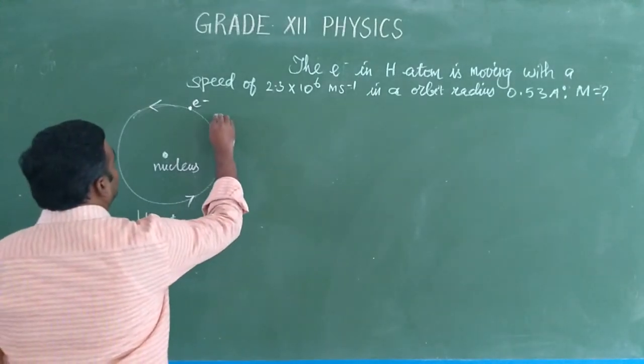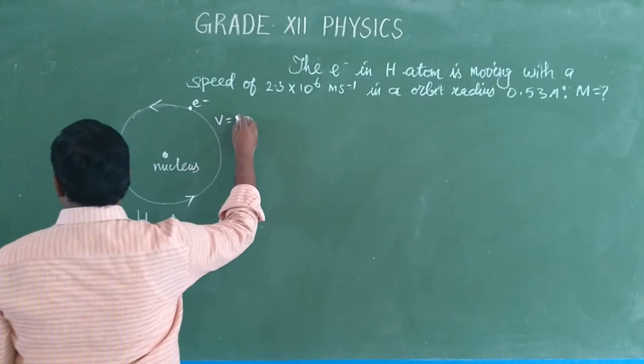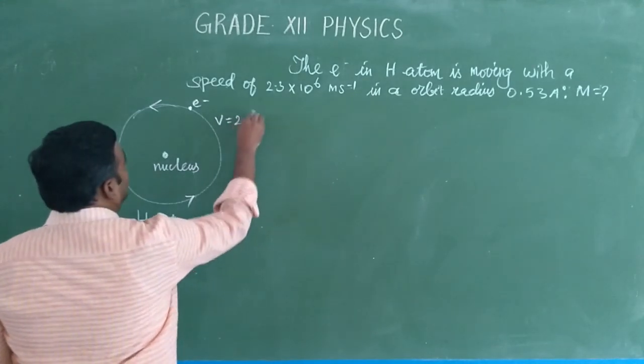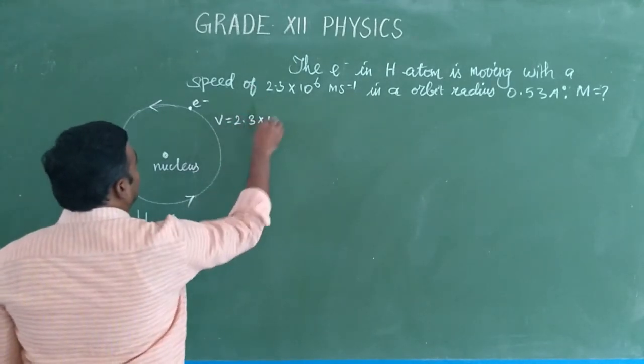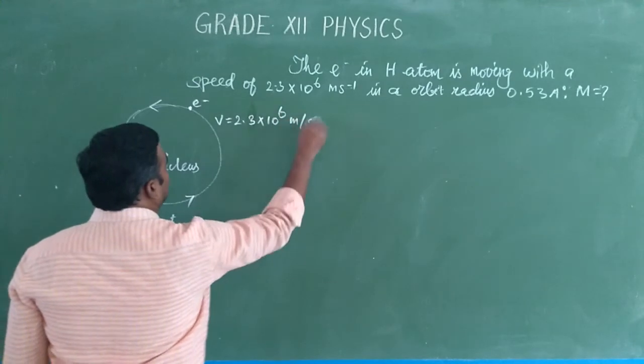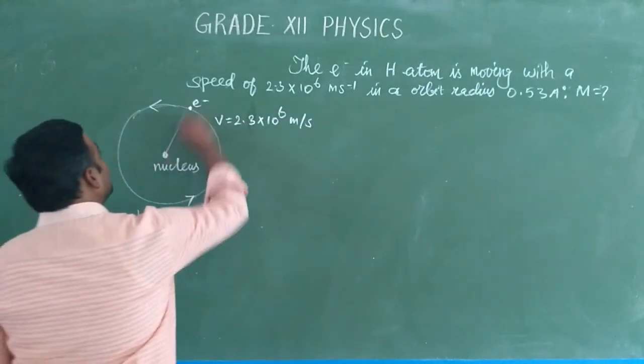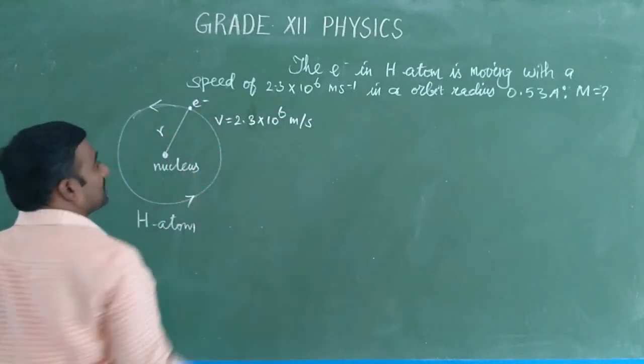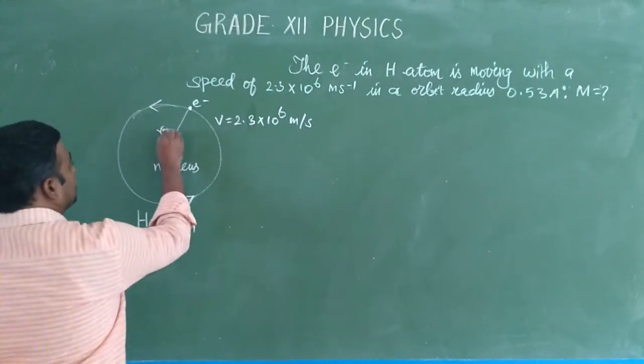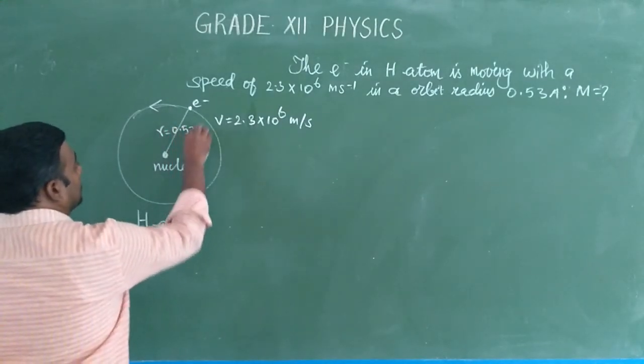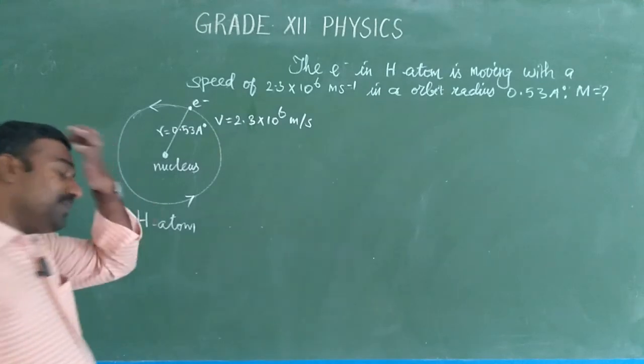The speed of this electron in a hydrogen atom is 2.3 into 10 to the power 6 meter per second, having the orbital radius r, which is 0.53 angstrom. Find the magnetic dipole moment.